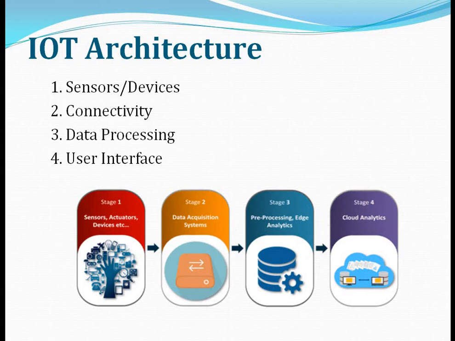Coming to the third step, data processing. Once the data is sent into the cloud after getting it from the sensor, the third step is data processing. So here we need to do some processing on the data. Once the data gets into the cloud, the software performs processing on that gathered data.